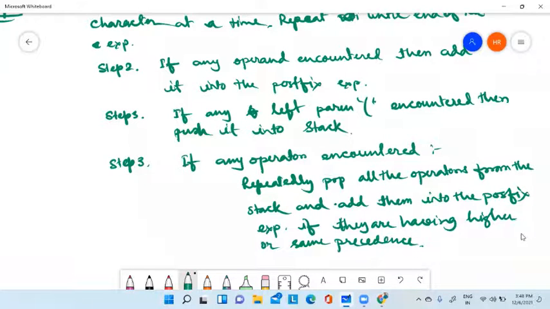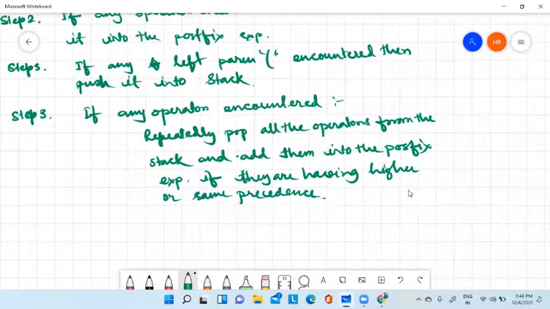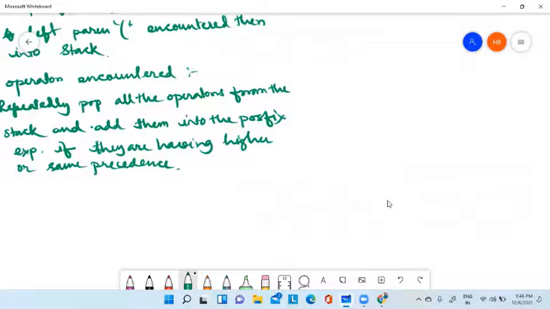So this is a little bit tricky. What does it say? Suppose in the stack we have one operator, plus, and now when I am reading the infix expression, I encounter one operator, say minus. So what does it say?